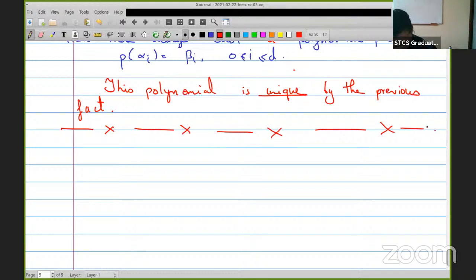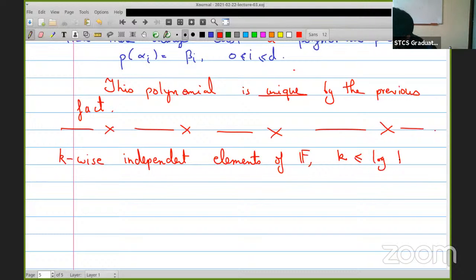So here's the thing: we want k independent elements of F, let's say k is less than log of the size of F, taking values in it.